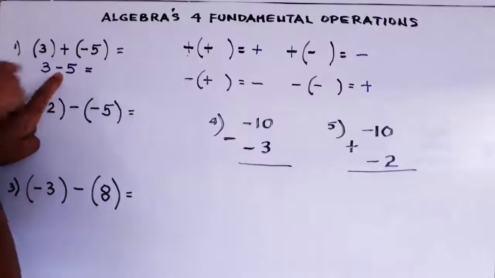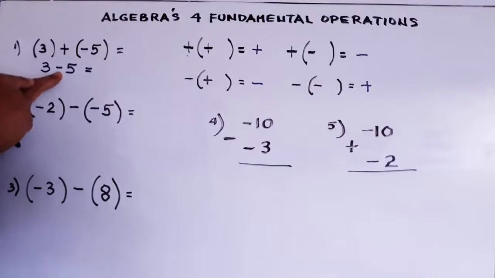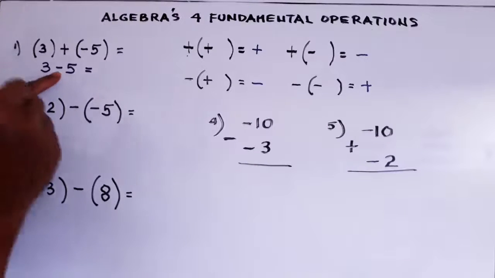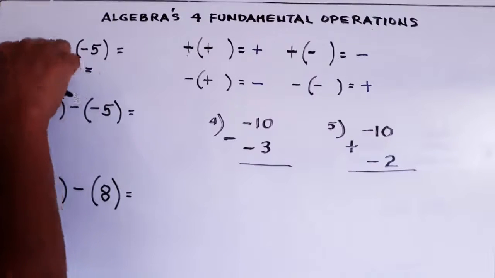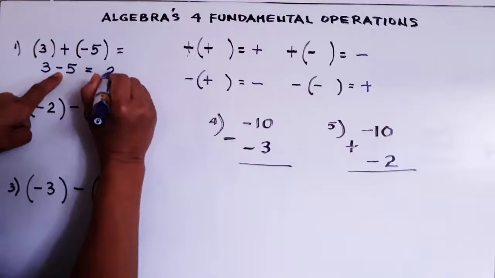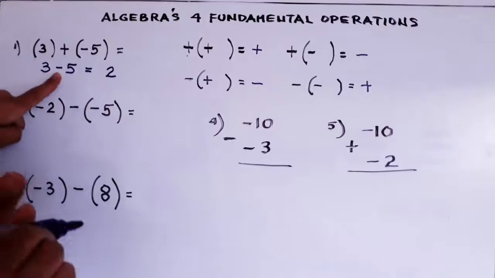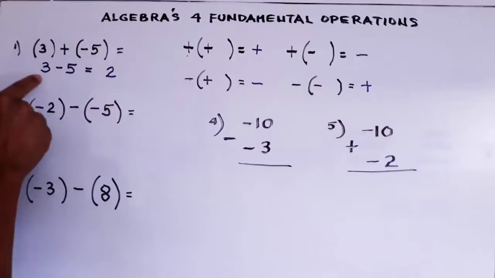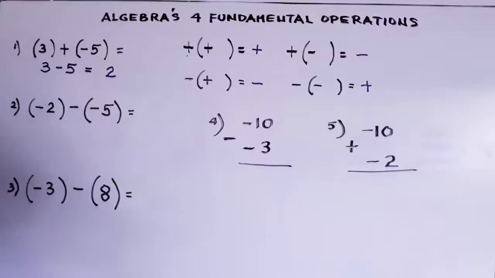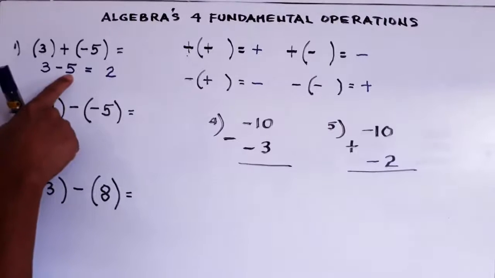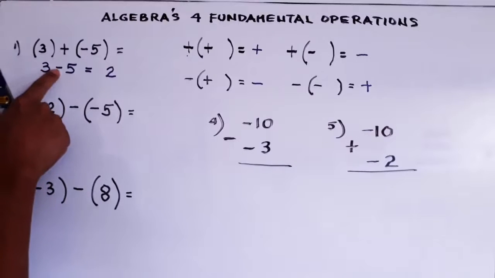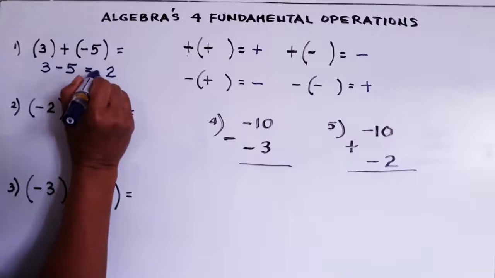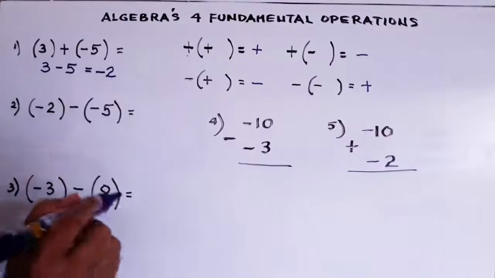So you are going to subtract now, because this minus will still be a minus, since this one is positive. So we subtract 5 minus 3. The answer is 2. Okay, not yet. We need to see which of the two numbers is larger. The 5 is larger, and it is negative, so we have to put the negative here. That's the rule that we cannot leave out.